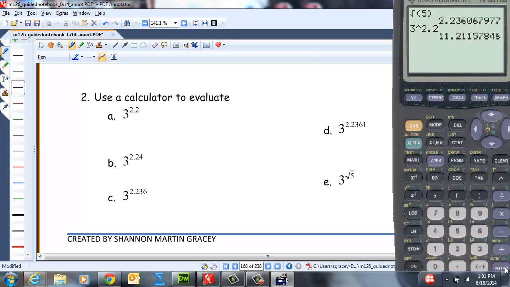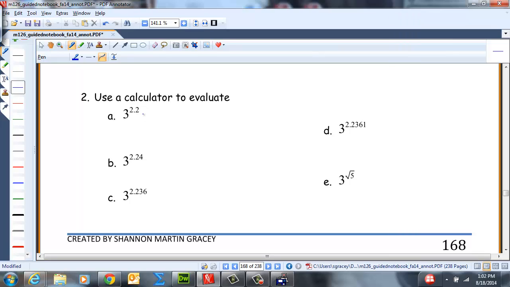let's go to the nearest 4 decimal places. That's going to be approximately 11.2116. These will all be approximate. All right, and then the next one, 2.24.